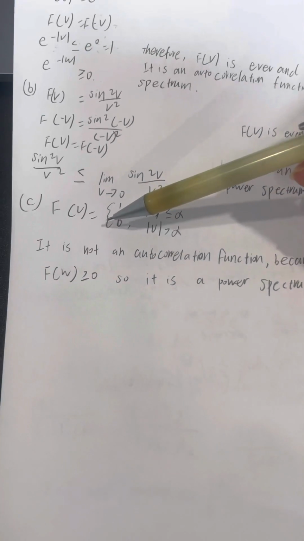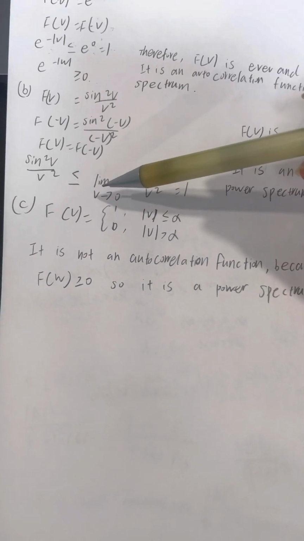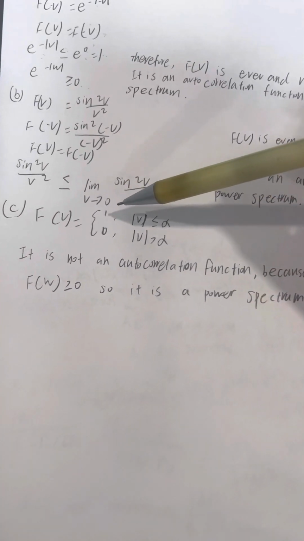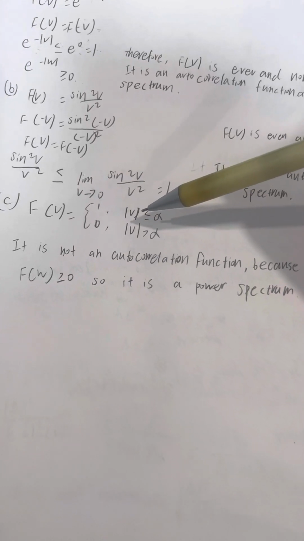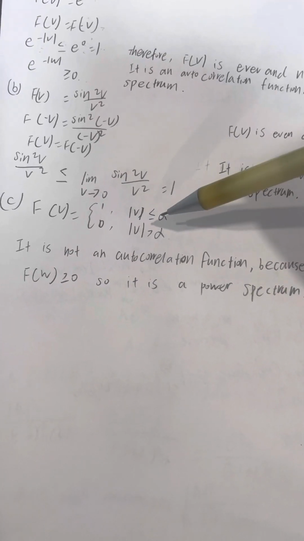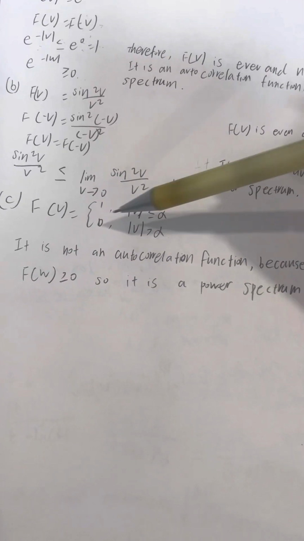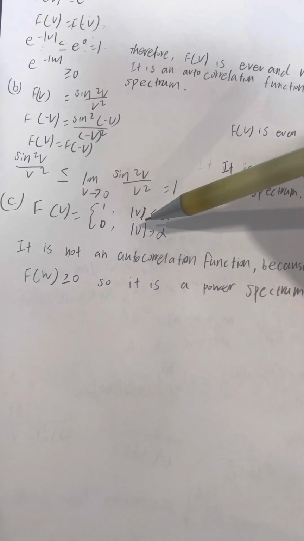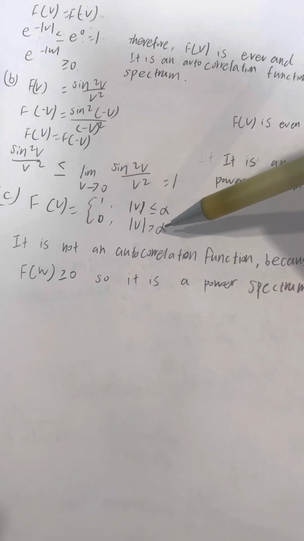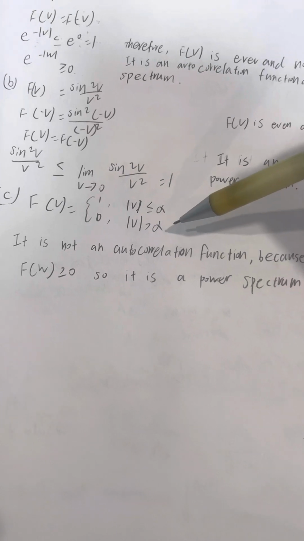And on part C, we get f(v) is equal to 1 when the absolute value of v is smaller than or equal to alpha, and equal to 0 if the absolute value of v is greater than alpha.